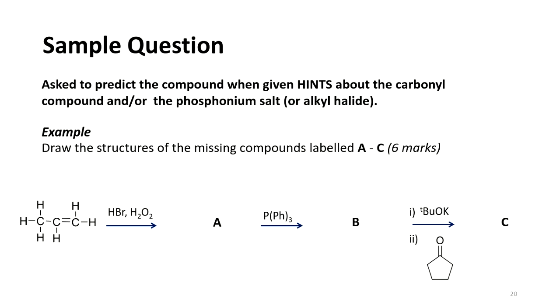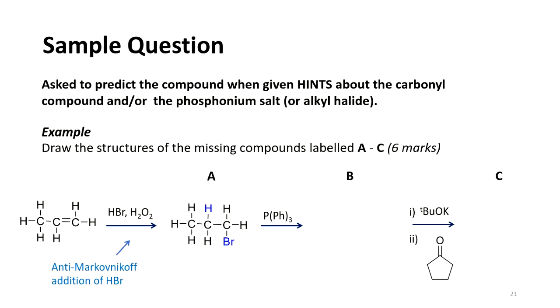And so the anti-Markovnikov product will produce the alkyl halide, in which we have the hydrogen being added on carbon number 2 and the bromine being added on carbon number 1. That alkyl halide would be A. We react that alkyl halide with triphenylphosphine to give us our ylide. And now we are going to react our ylide to give us our alkene C.